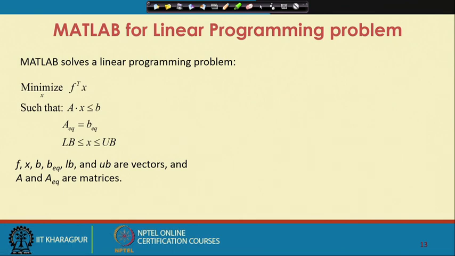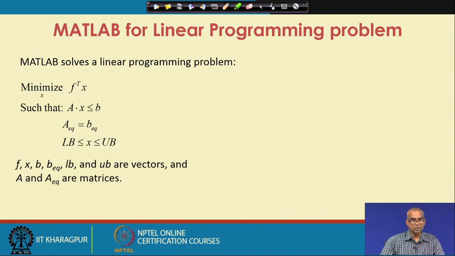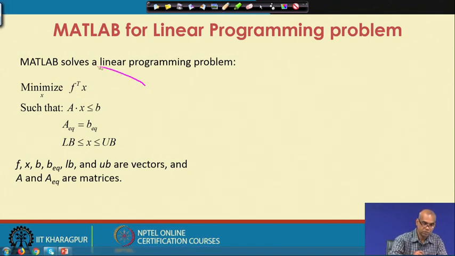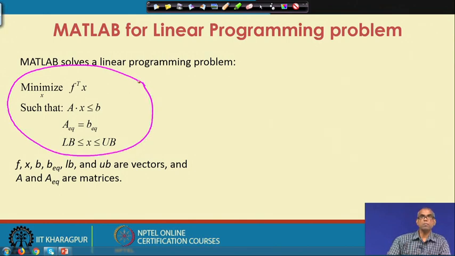Now we will briefly talk about how to use the MATLAB function linprog for solution of a linear programming problem. MATLAB solves a linear programming problem of the form shown. It solves a minimization problem. So, if you have a maximization problem, take minus of the objective function.